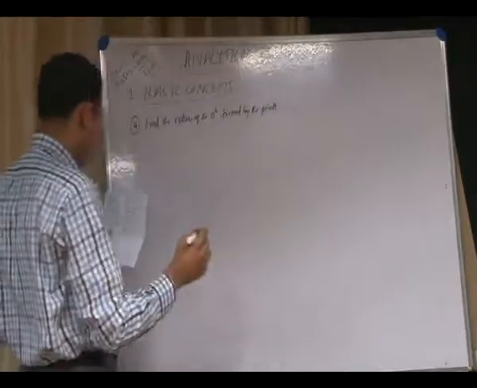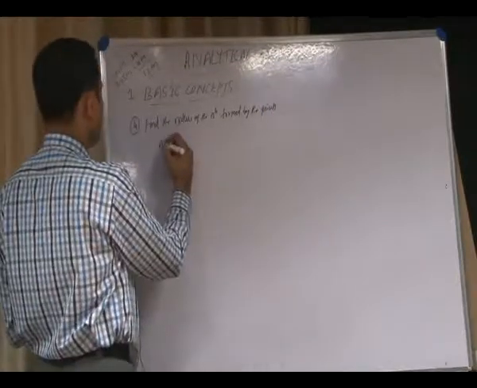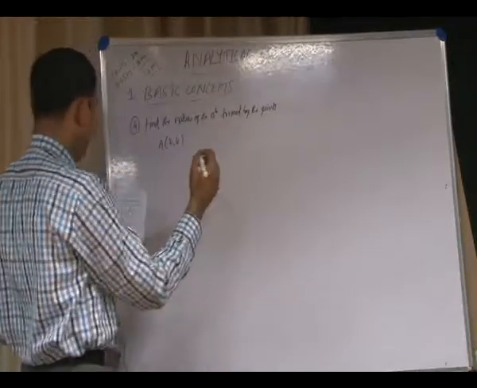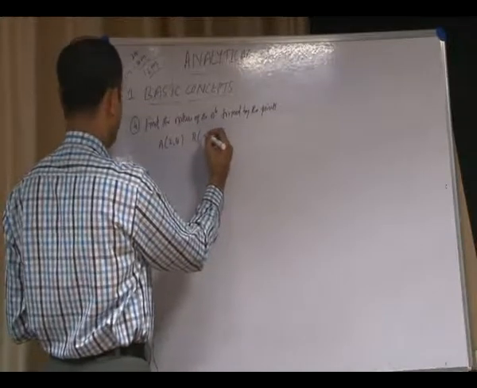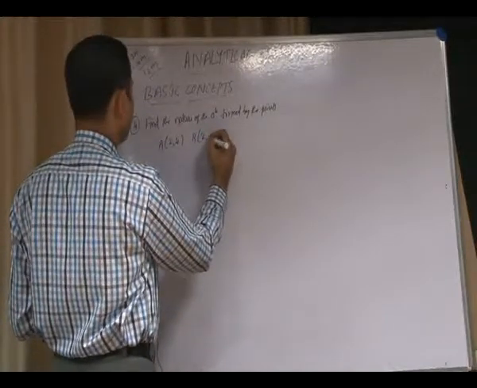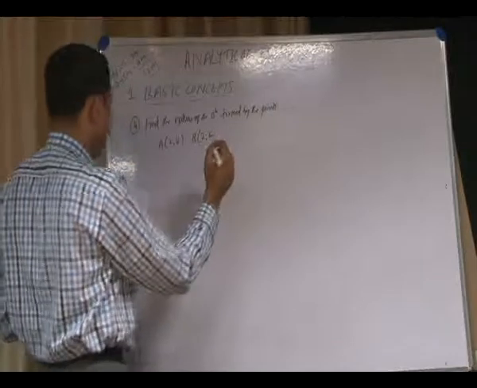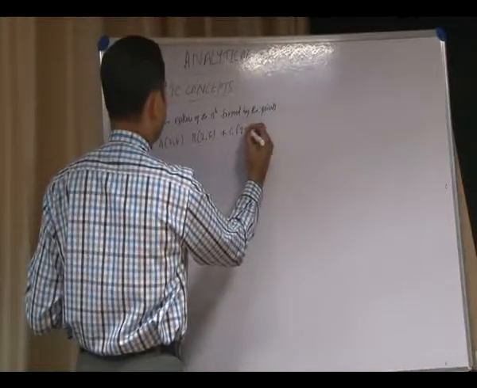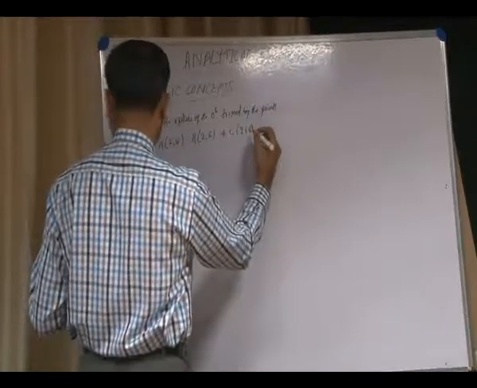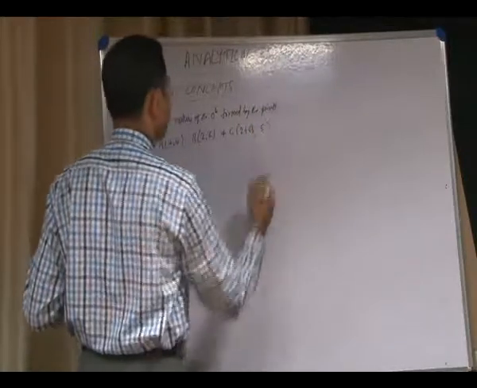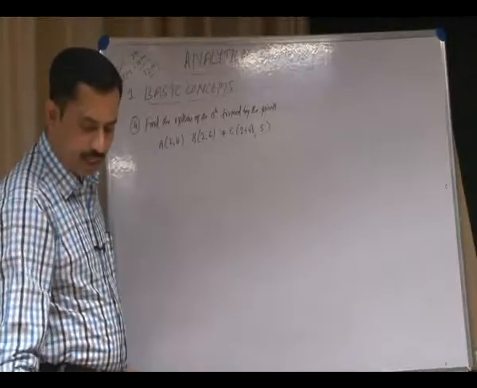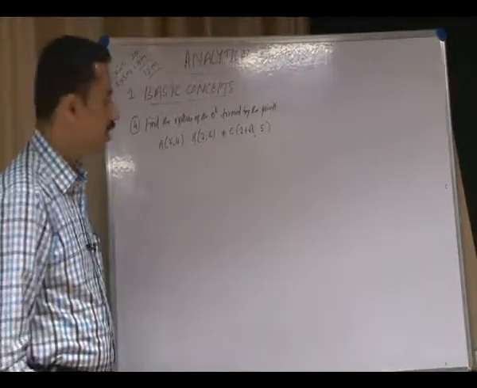Nature of the triangle formed by the points A (2, 4), B (2, 6) and C (2 plus root 3, 5). So, find the nature of the triangle formed by these 3 points.